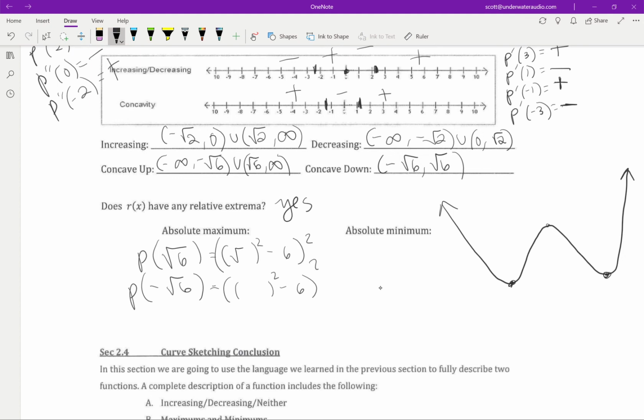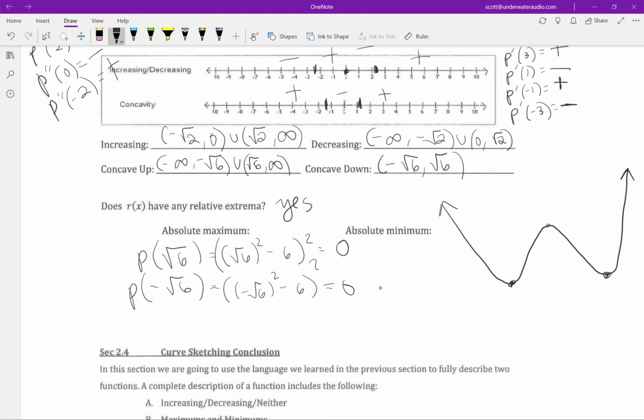So square root 6 goes here, and then a negative square root 6. Actually, it might end up being exactly the same. Square root 6 squared is 6. 6 minus 6 is 0, so I just get 0. And then negative square root 6 squared is still just 6. 6 minus 6 is 0.